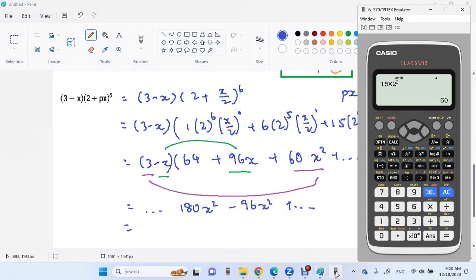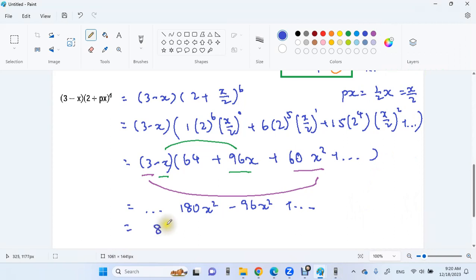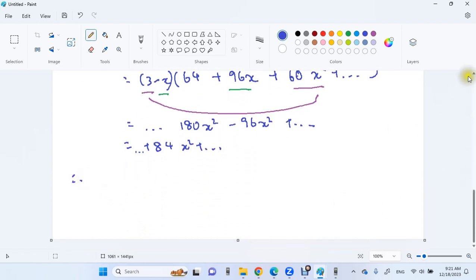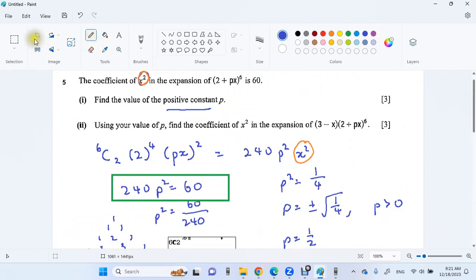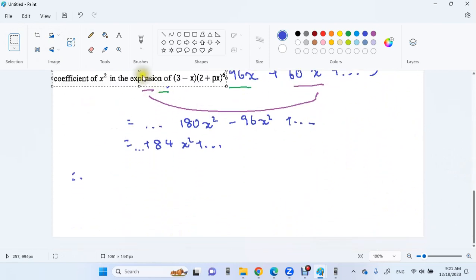So we have 180 minus 96, that is 84 x squared. So the coefficient of x squared will be 84.